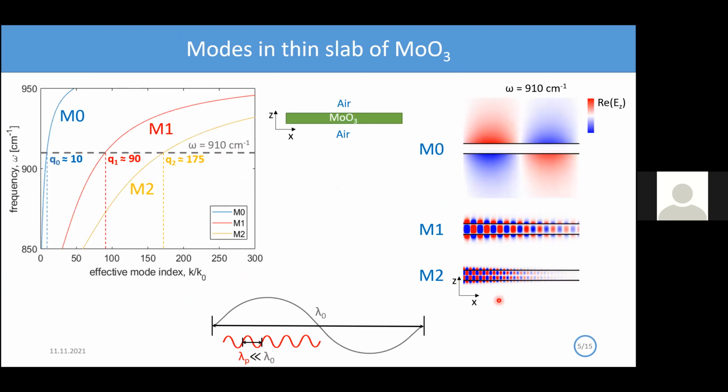For the elliptical range, we have both the permittivity along the X and Y axes positive and no polaritons. In contrast, in the hyperbolic range, we have different signs of the permittivity and we have the M0 mode.